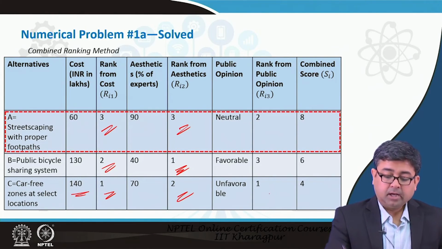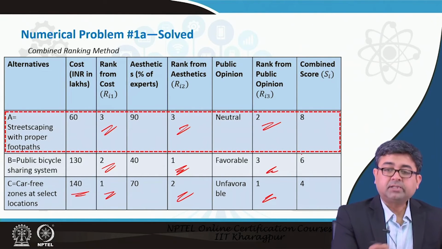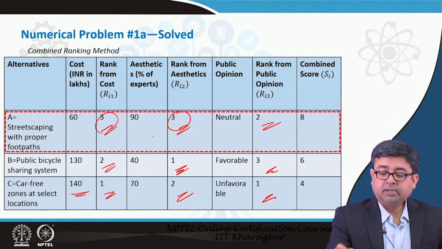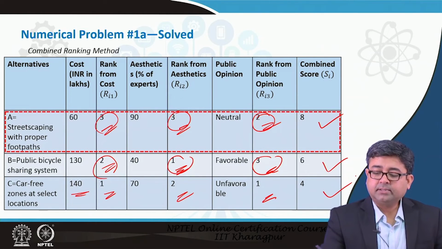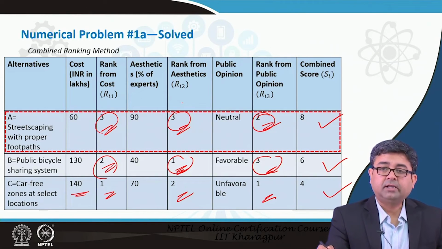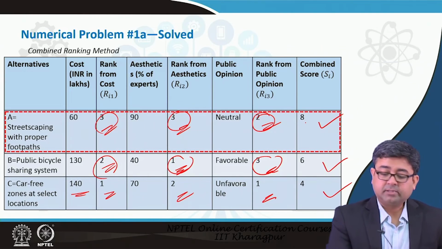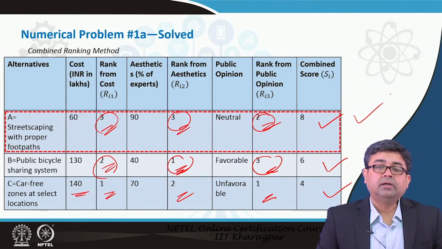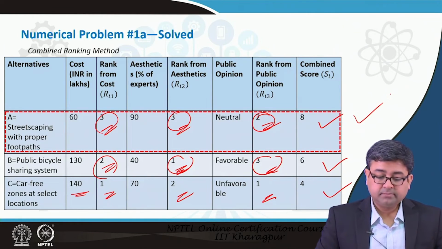Similarly, unfavorable gets 1, neutral gets 2, favorable gets 3. You just rank them and add these rankings. So, 3 plus 3 is 6, plus 2 is 8, and similarly 2 plus 1 plus 3. That is a very simple ranking system, and you see that the combined score of these three criteria is 8, which is the highest score. So, you think that this is the best alternative to implement.